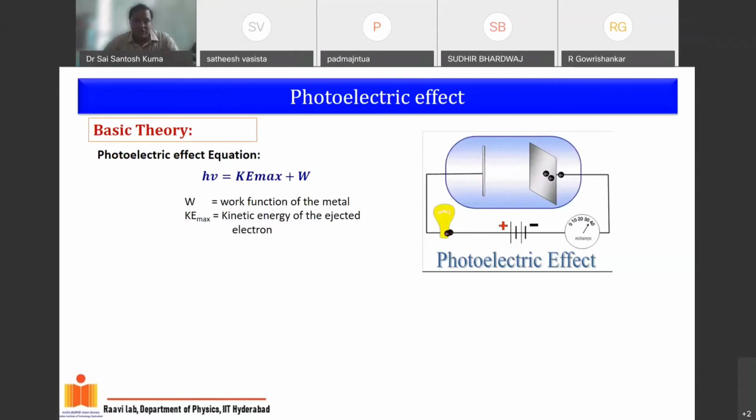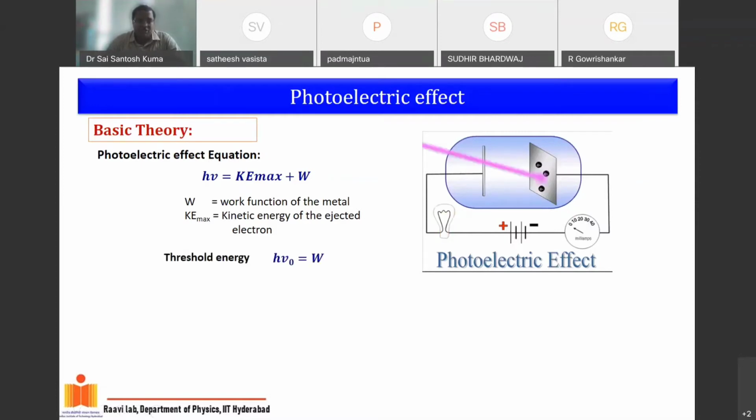This is the photoelectric equation, h nu equals KE max plus W, where KE max is the kinetic energy of the ejected electrons and W is the work function of the metal. So the idea is, if you have a photon whose energy is higher than that of the work function, then photoelectrons are ejected with a certain kinetic energy. This is something which we all know in the lab.